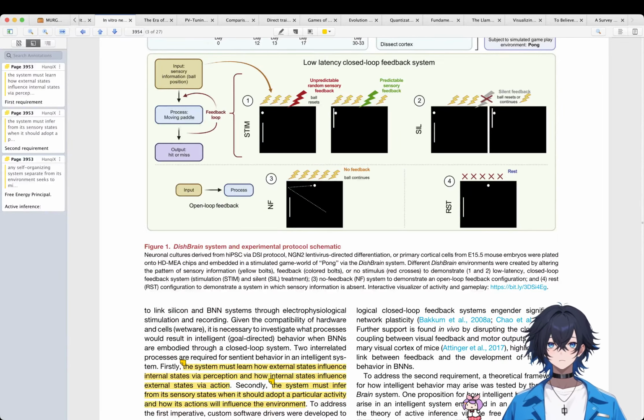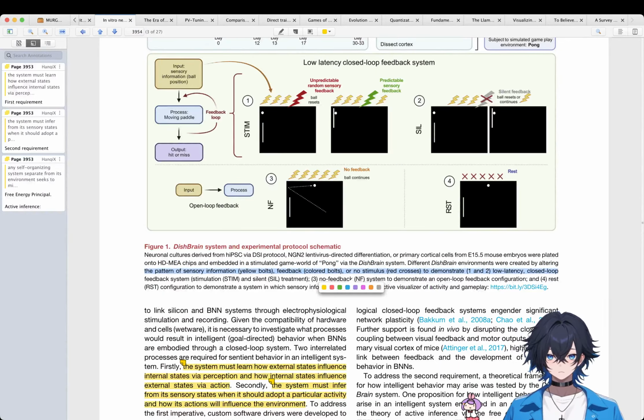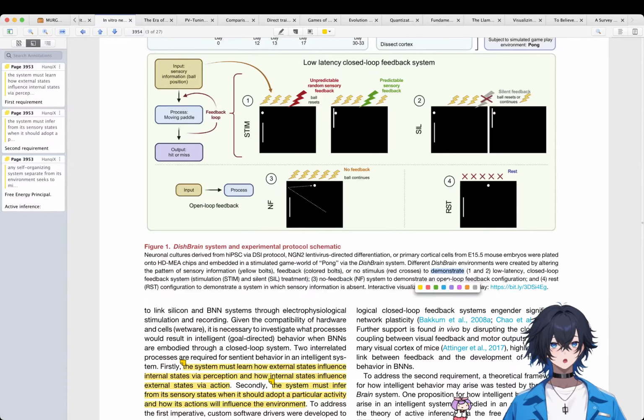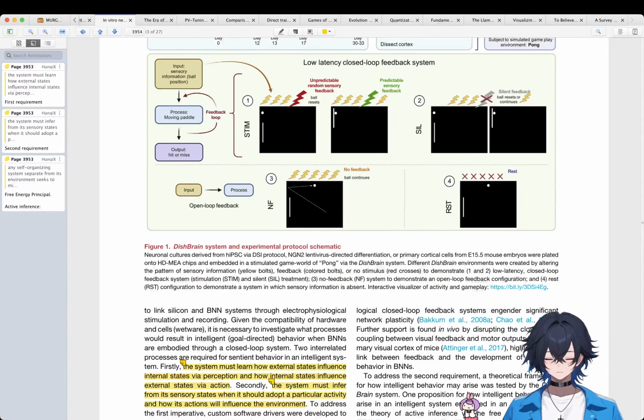Feedback. Colored bolts, okay, or no stimulus, red crosses. To demonstrate low latency closed loop feedback system and the silent treatment.